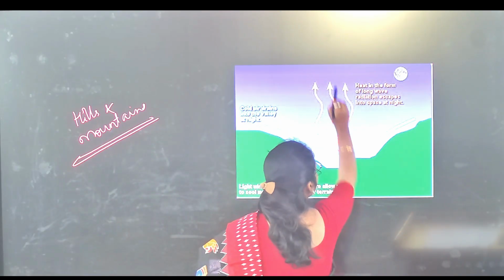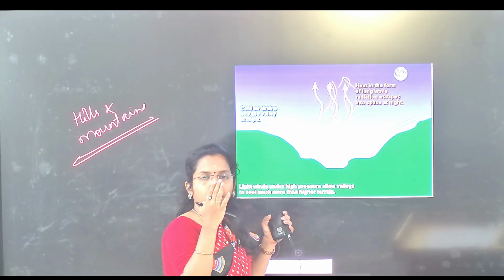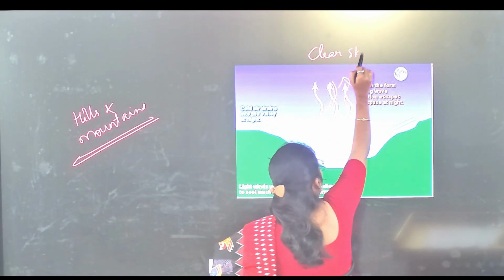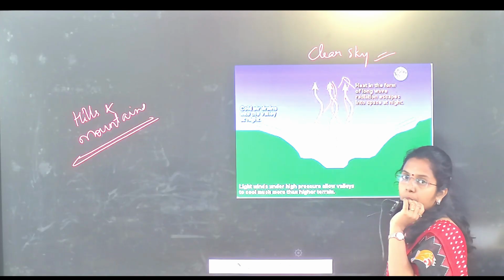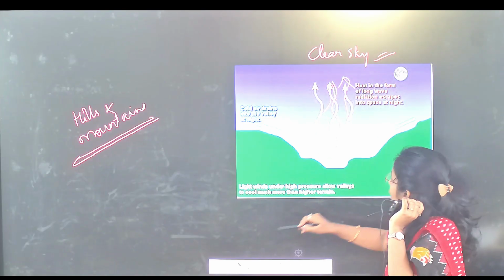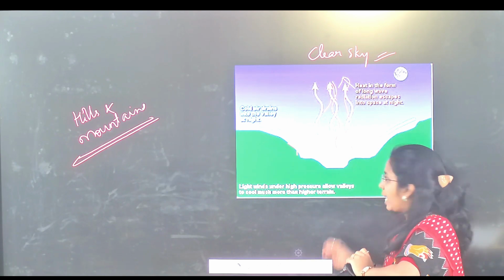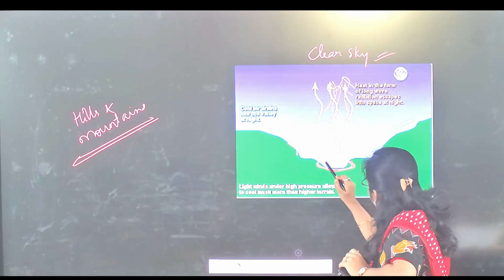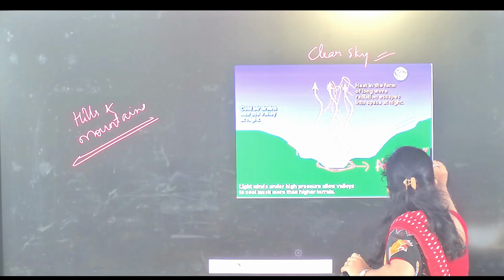From here, heat in the form of long wave radiation escapes into space. With clear skies and long winter nights, all these conditions favor cooling. Cold air drains into the valley, and from here warm air is moved up, and here you will see air drainage.